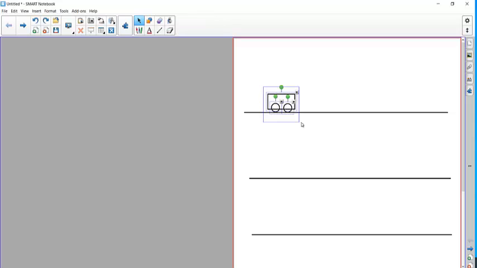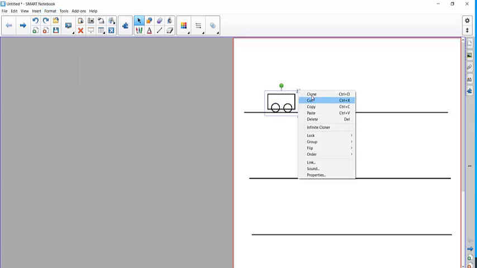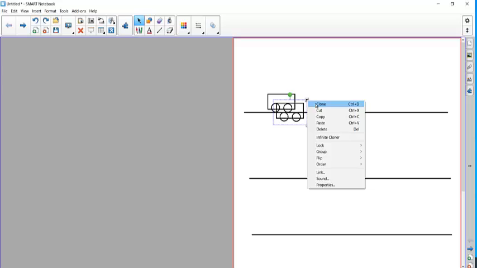So let me make some carts here. So I need 6 of these things.